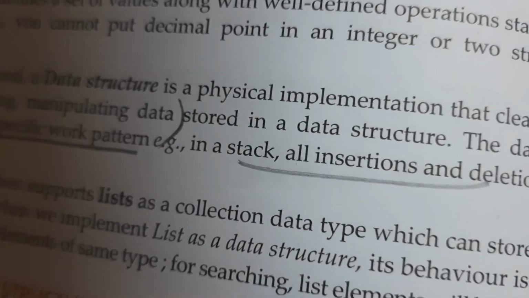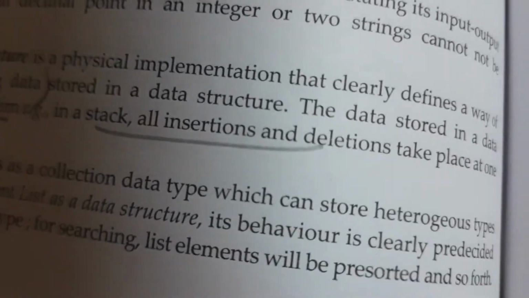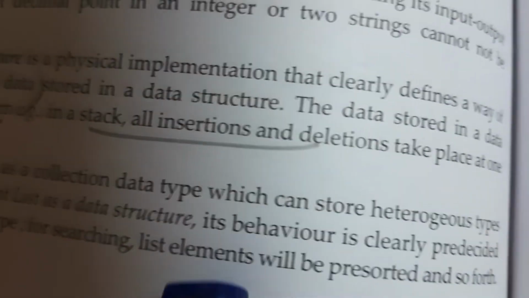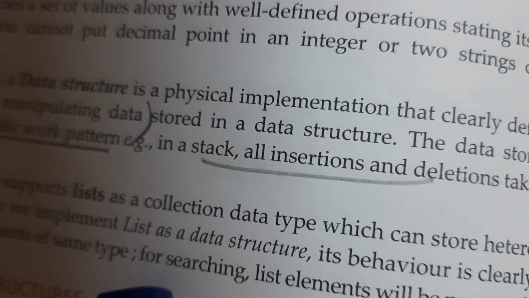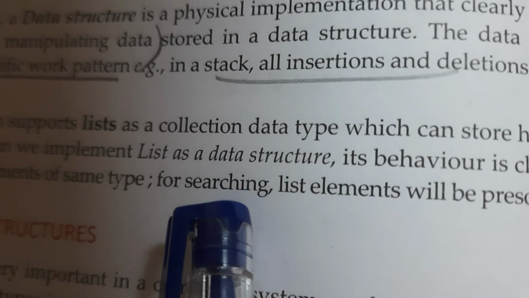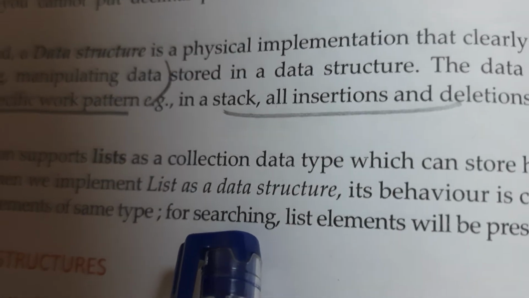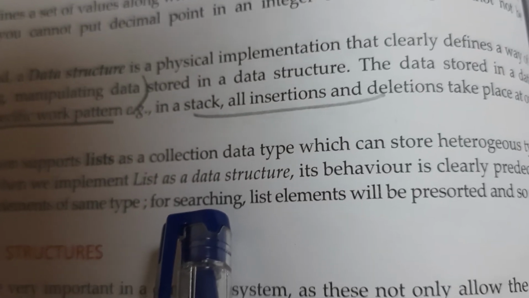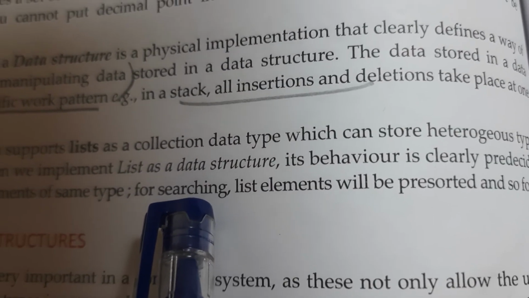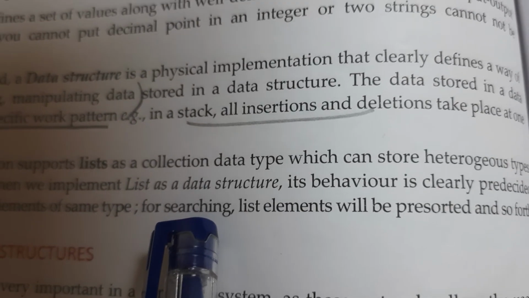For searching, list elements will be pre-sorted and so forth. Suppose you are going to search, think of an array here. You have an array, you are going to find whether one particular element exists in that list or array or not. What you will be doing, you will be going for searching.